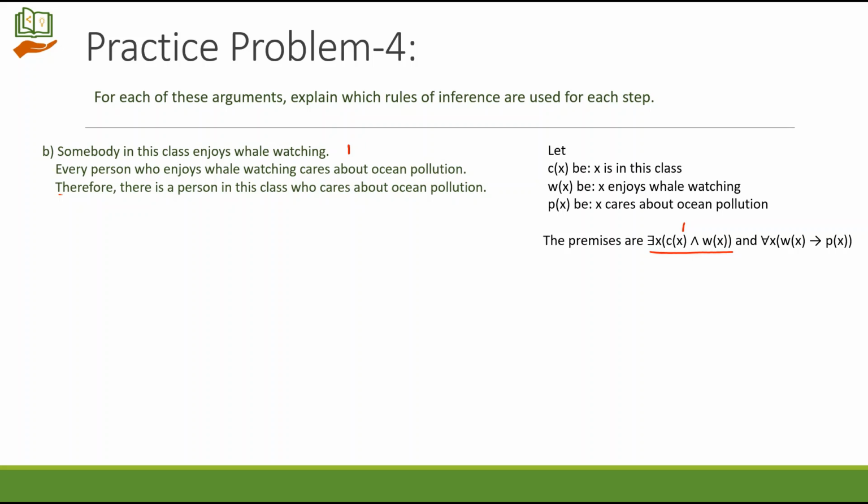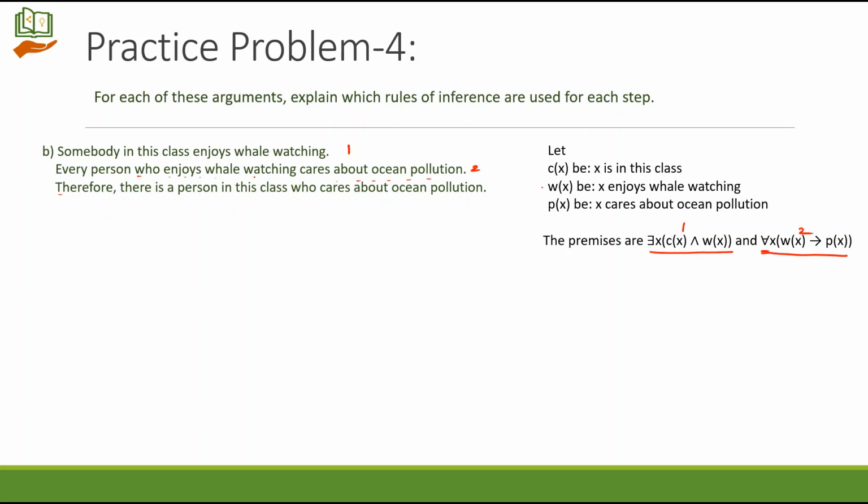Every person, for all X, who enjoys whale watching cares about ocean pollution, means W of X and P of X. But since we have universal quantification here, we are going with implication. So we should write it as W of X implies P of X. If a person enjoys whale watching, then definitely that person cares about ocean pollution. So whoever enjoys whale watching cares about ocean pollution is what they say. So this will be premise 2.